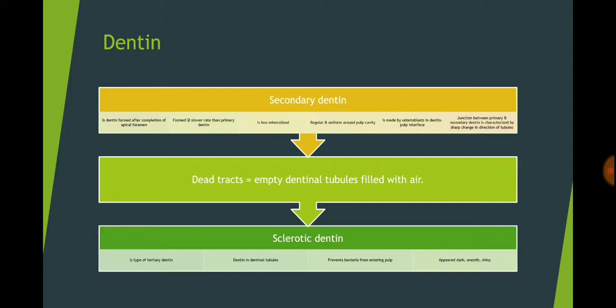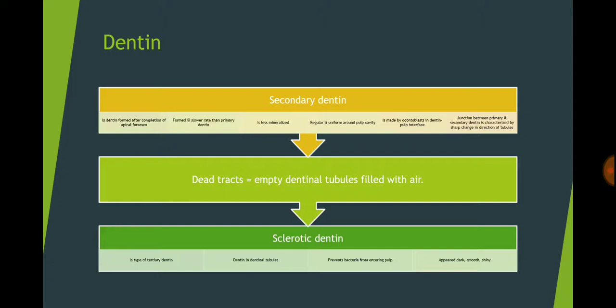The secondary dentin is formed at a slower rate than the primary dentin. It is less mineralized compared to primary dentin. It is regular and uniform around the pulp cavity. Secondary dentin is made by odontoblasts at the dentinopulpal interface.